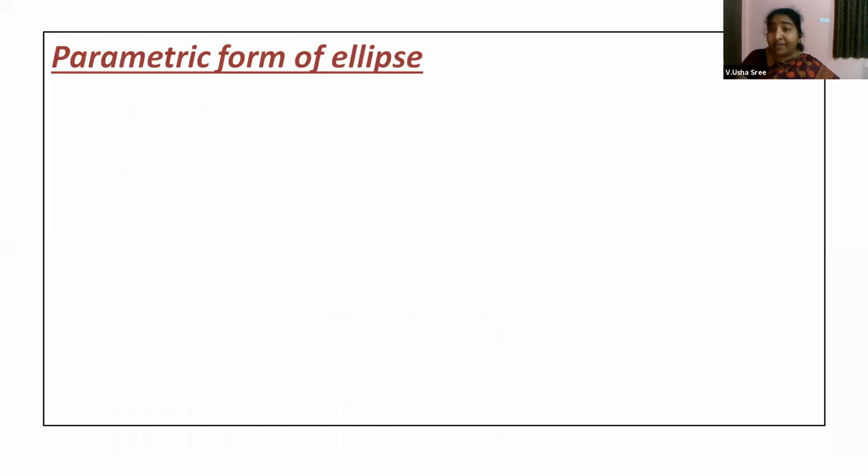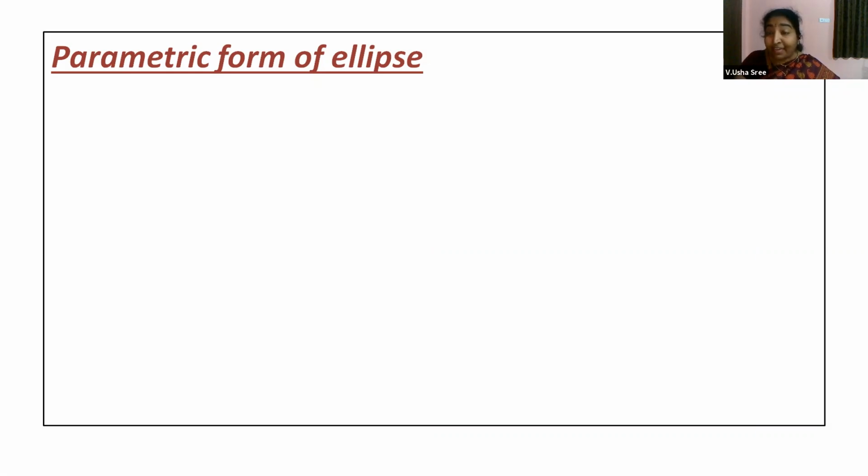Now, parametric equations of any curve, what will they do? They will describe the coordinates of any point which is on the curve in terms of a single variable. Any point on the curve will be described in terms of one single variable.